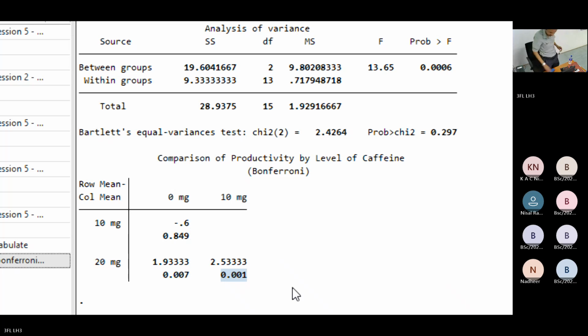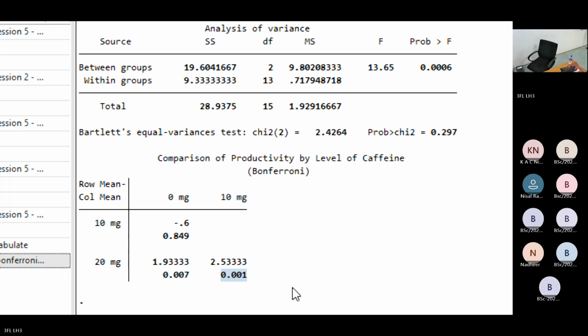So you see the 0 milligram, 10 milligram, and 20 milligram groups, caffeine and productivity level. 0 and 10, is it different? No, not significantly different. 10 and 20, is this different? 0 and 20, is it significantly different?